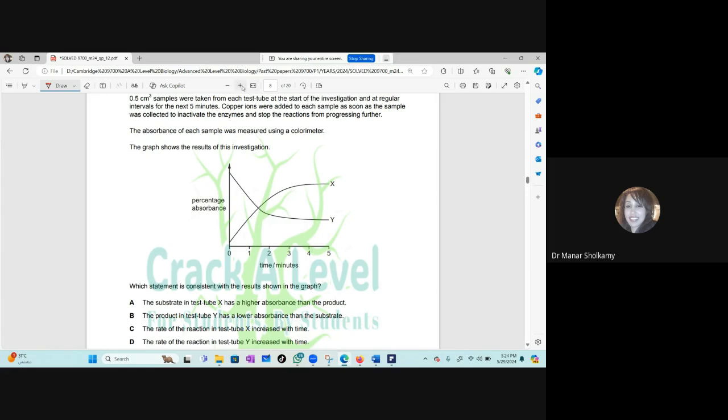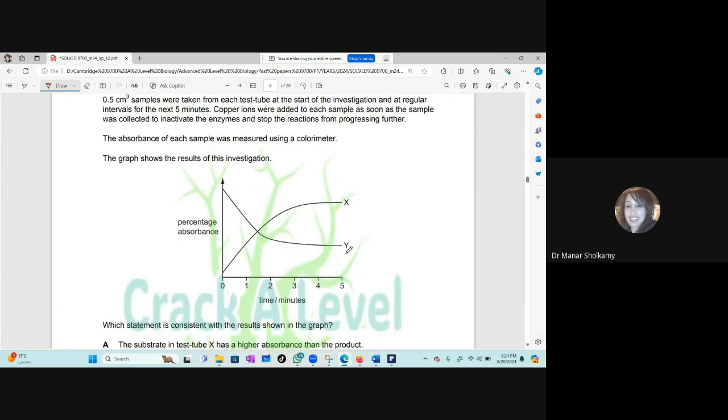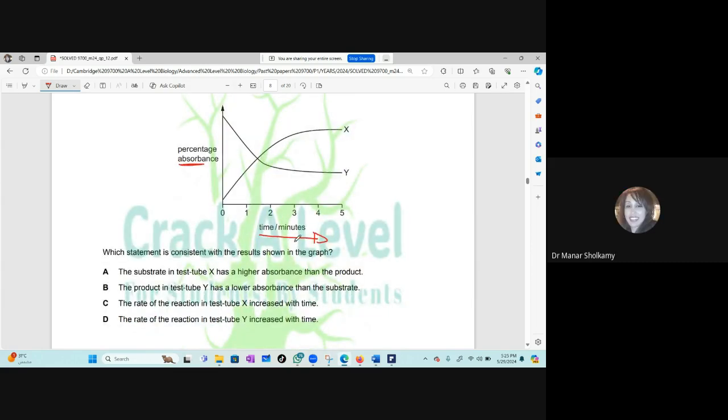Now, when you have any graph, you look at the x-axis and the y-axis. Here, the time is on the x-axis and the percentage absorbency is on the y-axis. Now tell me, Farouk, if the solution is dark in color, will it have a high absorbency or a low absorbency? High absorbency. Very good. Which statement is consistent with the results shown in the graph?